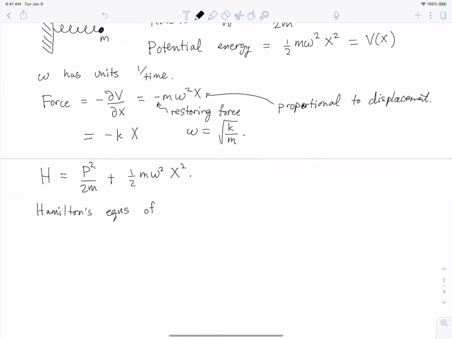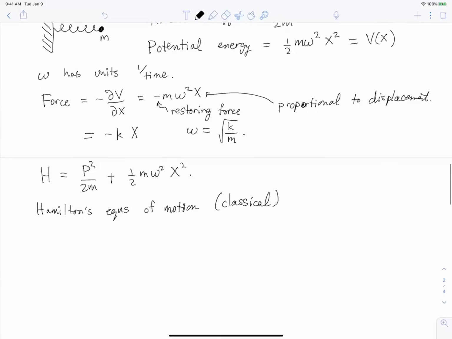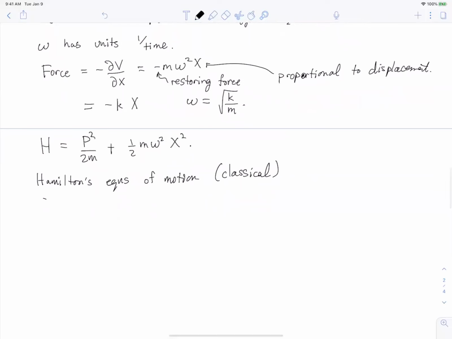And for a general system, so this is classical, where you're given some Hamiltonian that depends on a bunch of coordinates, I'll call them q sub i, and their corresponding momenta p sub i, where i runs from 1 to n. In the present case, n is just 1.